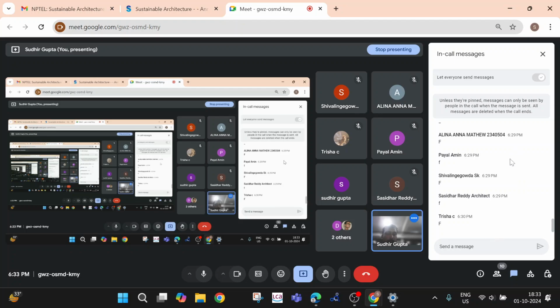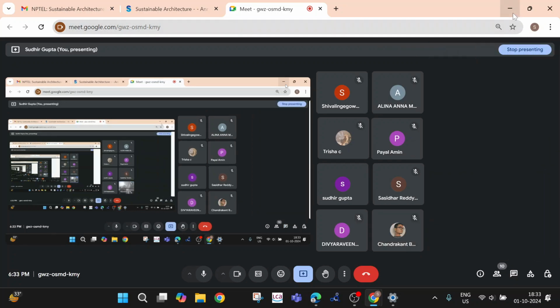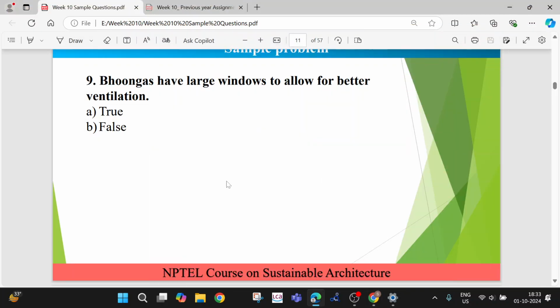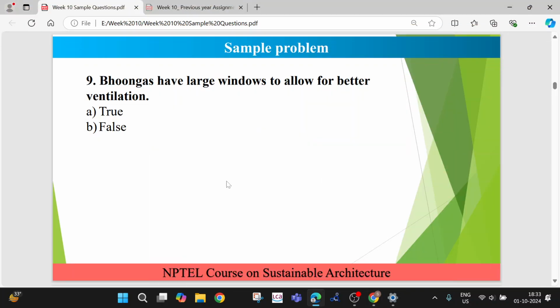Now all of you have answered correctly. False is the right answer. They have very small windows, not large windows. Why? In order to minimize the air ventilation or to reduce the glare, which is essential in hot and dry climate conditions which have higher solar radiation.